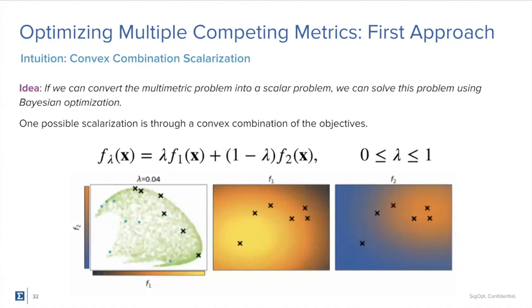So if you have two metrics, let's just combine them and see what happens. But as you can see, there is this lambda value that controls how we're combining these metrics. And one of the things that we do under the hood, among others, is we're constantly changing this lambda value in order to try to come up with the biggest frontier that gives you the most points to choose from. Because at the end of the day, that's the problem we're trying to solve.